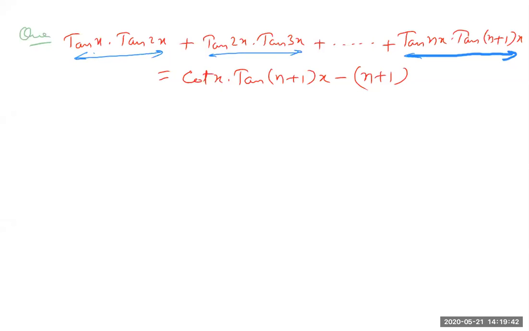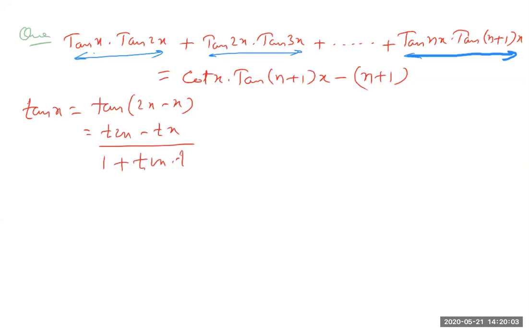So let us write this x as the difference of these two. That means I can write tan x is equal to tan(2x minus x). For the second, I will take tan x equal to tan(3x minus 2x). So this is equal to (tan 2x minus tan x) upon (1 plus tan 2x into tan x). In this form, I can write.